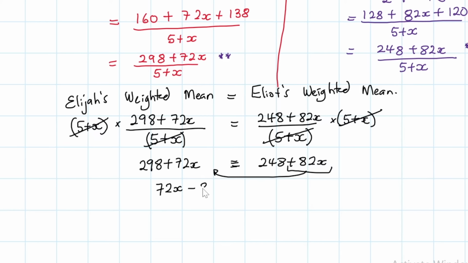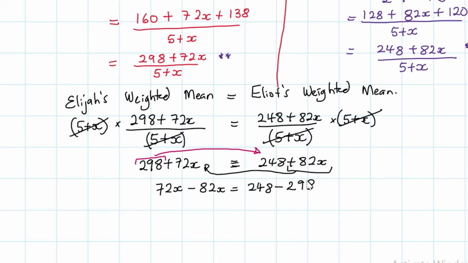Then 248 remains on the other side, just 248, not 248x. The 298 crosses and becomes minus 298.